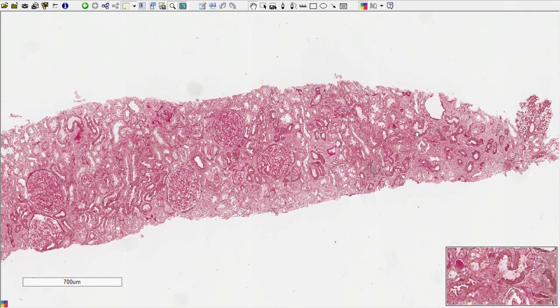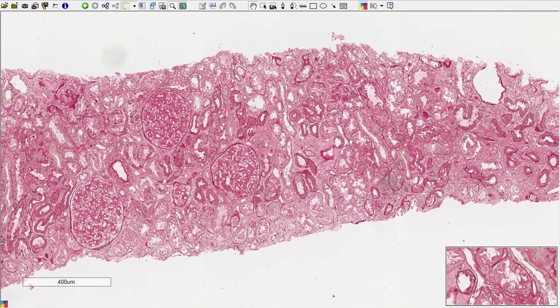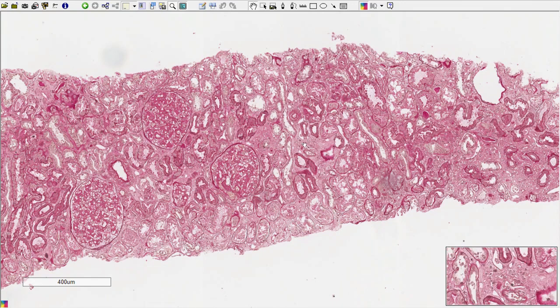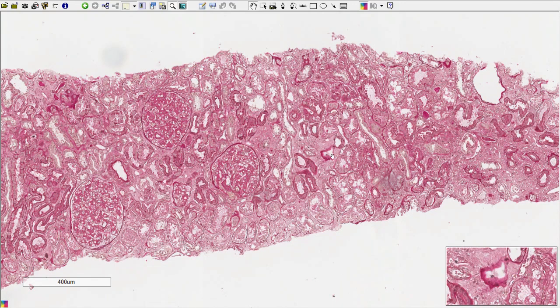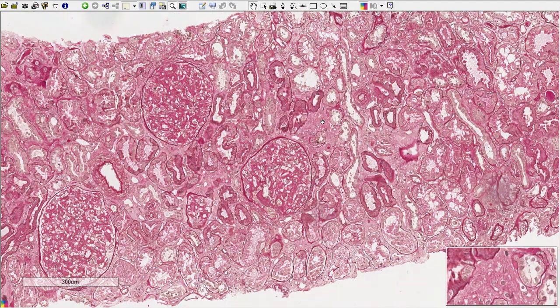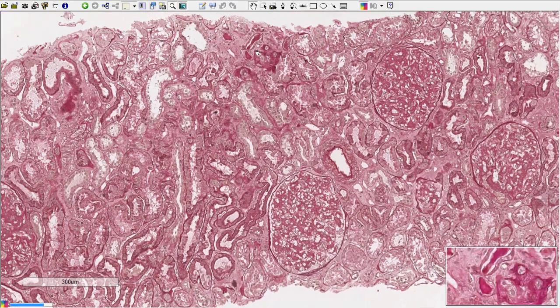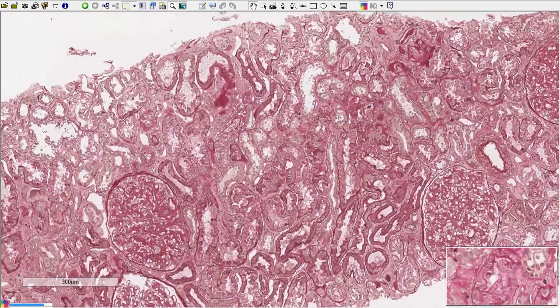So with this low power we can say also that there is some kind of chronic injury in the interstitium. We have fibrosis. We have a certain amount also of tubular atrophy.